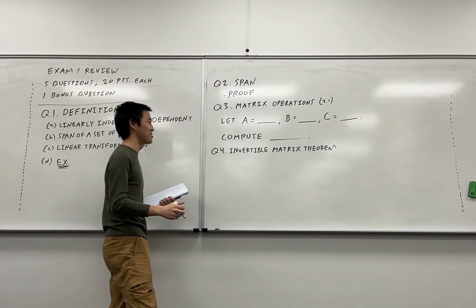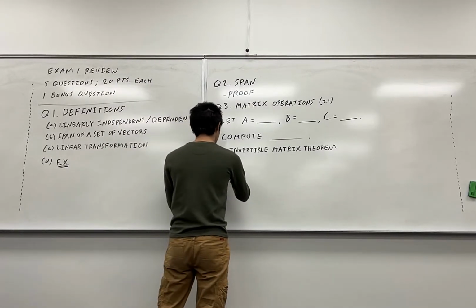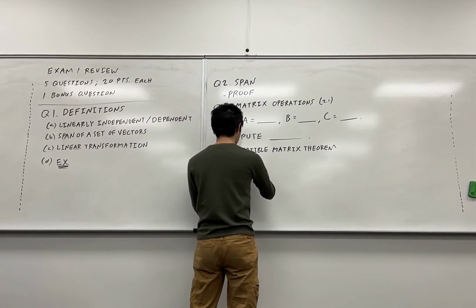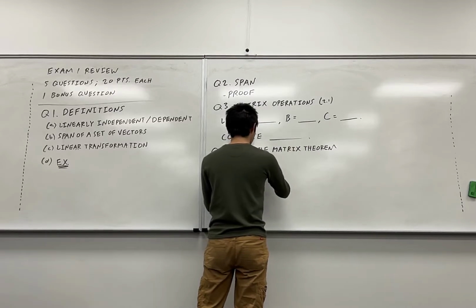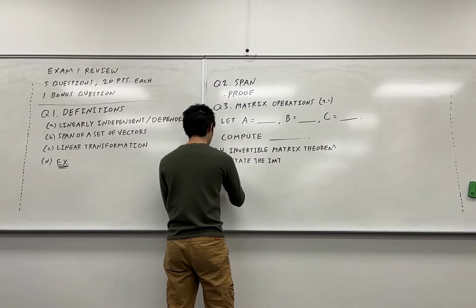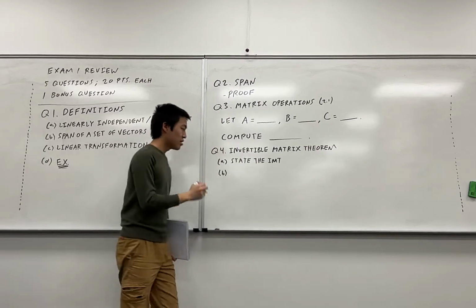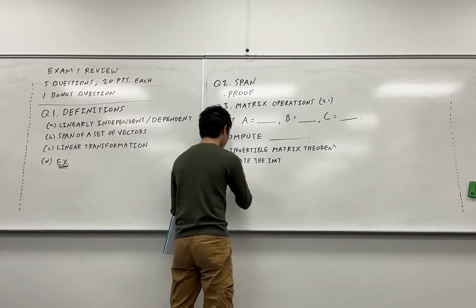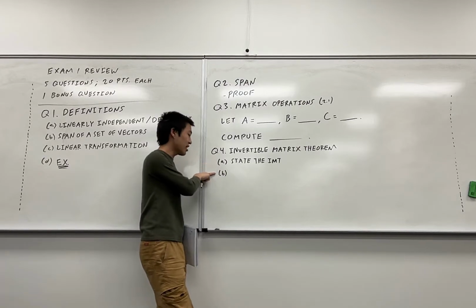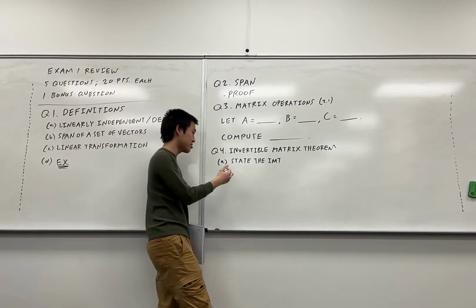You're going to need to just state the invertible matrix theorem. And then there's going to be a very, very easy, short question about it that involves simply citing something. If you have this memorized, answering this question, you could refer back to the theorem you just wrote down and figure out the property to solve it.